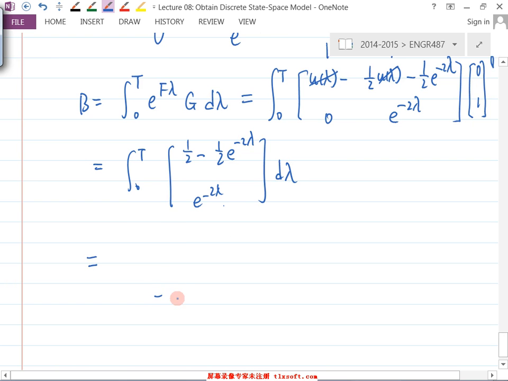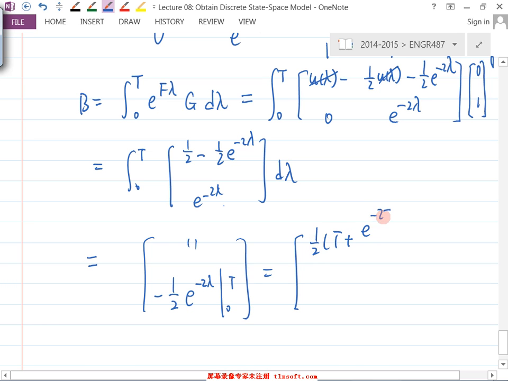Negative 1/2, from 0 to t. And the top one you can try too, but overall you will end up with this. That's the B matrix.